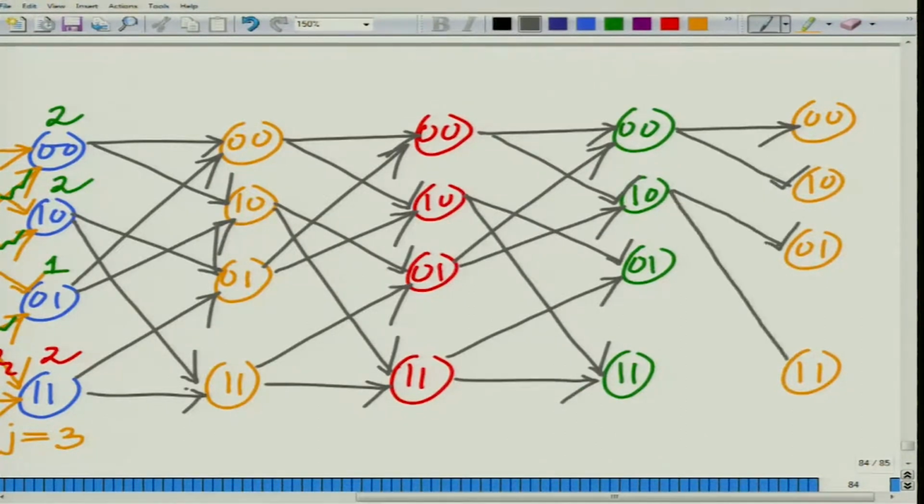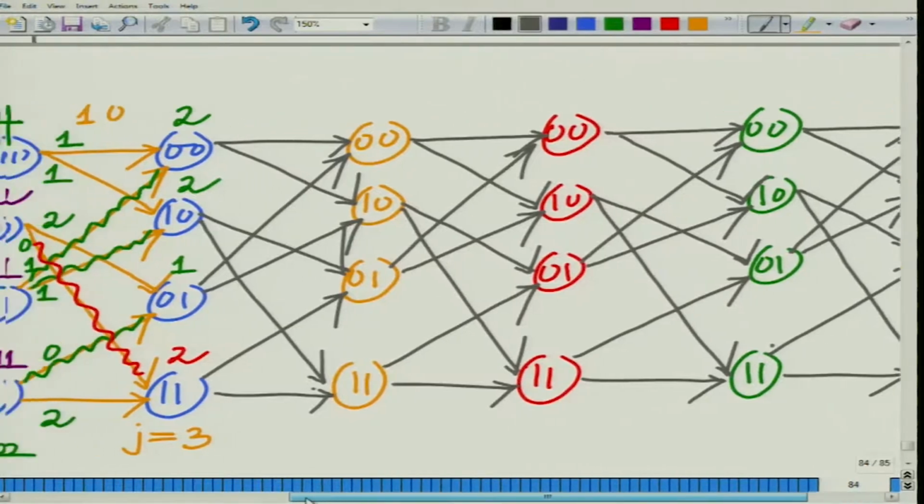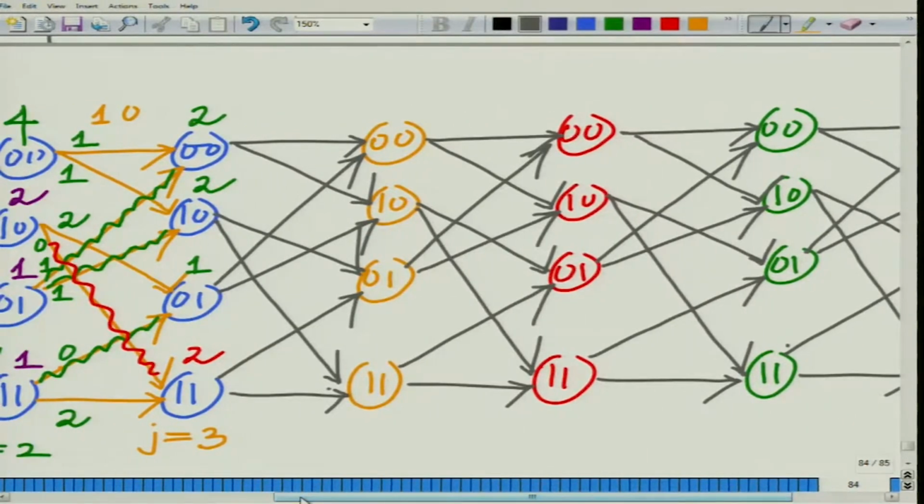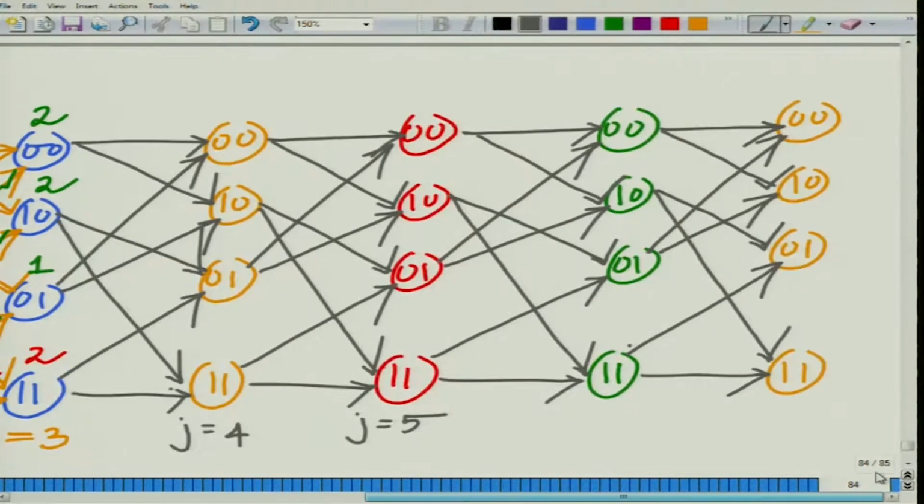I am just going to complete this example for the purpose of illustrating it. Okay, and now you can see this corresponds to j equal to 5, j equal to 6, j equal to 7.